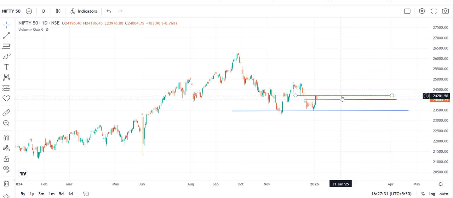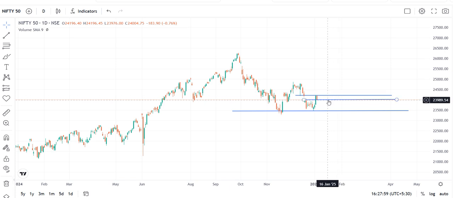Looking at these two candles on 2nd and 3rd January, I would say buyers will have more strength than sellers. So if it trades in this range, 24,000 to 24,250 to 24,300, then it will give good points on the upper side rather than the lower side.